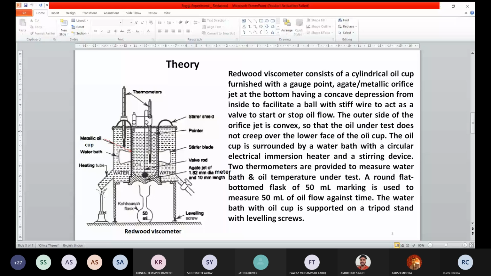The oil cup is surrounded by a water bath with a circular electrical immersion heater. That has not been shown here in the diagram. In fact, a Bunsen burner has been shown. Otherwise, there is a circular metallic ring which can be electrically heated that heats the water in the water bath. That you will be able to see in the video that I have uploaded already.